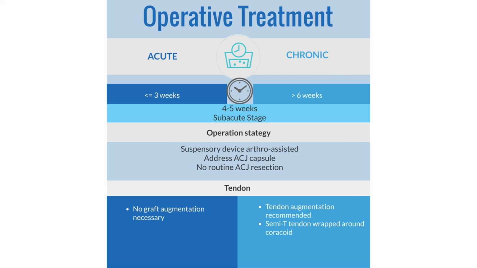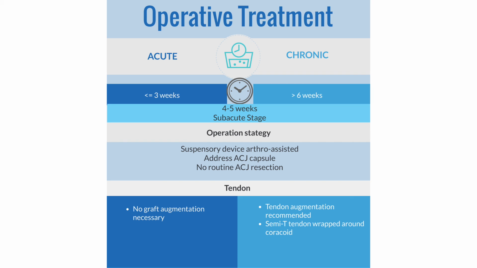What do we use? A suspensory device, arthroscopically assisted, however you like to name it, and you need to address the AC joint capsule because we have a lot of literature and evidence out there that the capsule gives stability on the AC joint, of course, and also for horizontal stability.